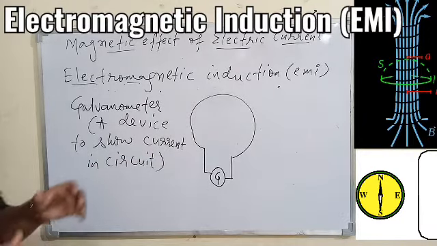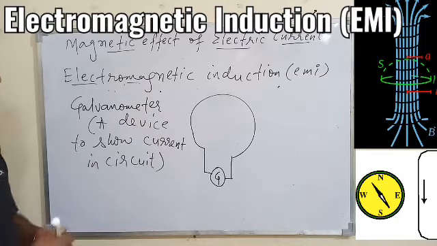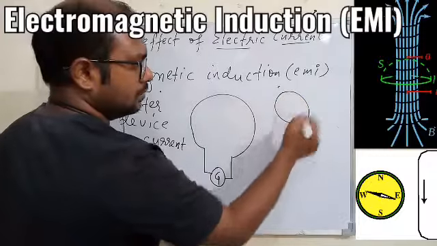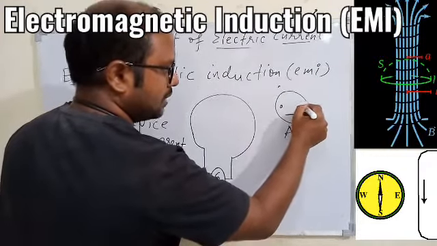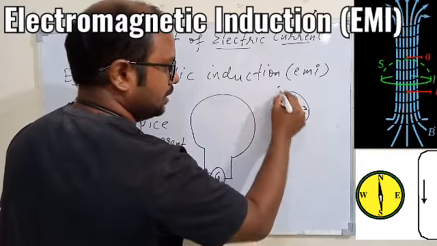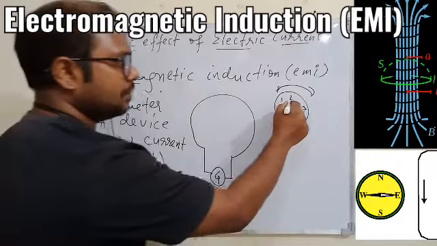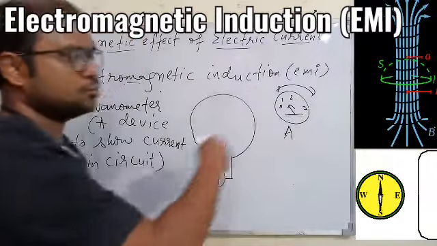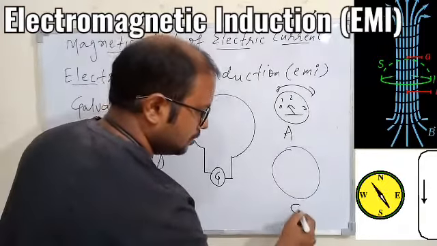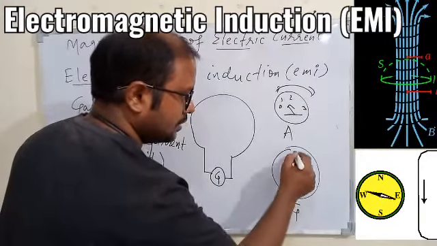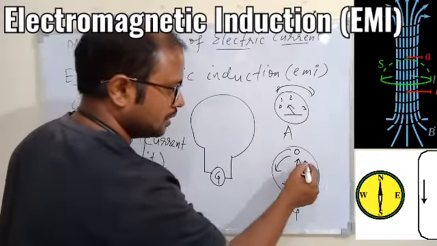Somehow it is similar to the ammeter, but it's not the same. An ammeter, if you remember, will have the reading starting from, for example, 0, 1, 2, 3 ampere. So 0 to 3 ampere. In the ammeter, the needle will move between 0 and 3. But in the galvanometer G, the 0 is at the center, and the needle can move in this direction and also in this direction.